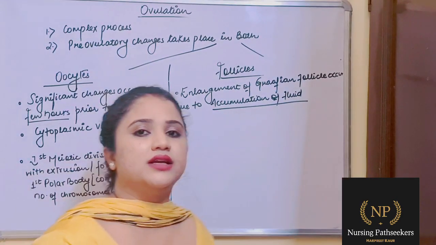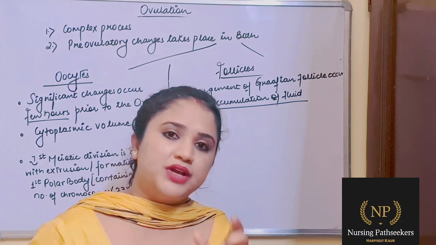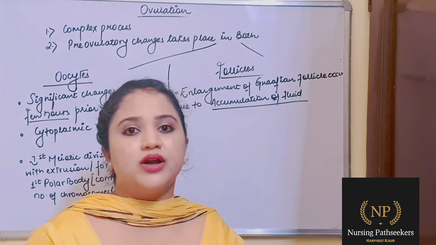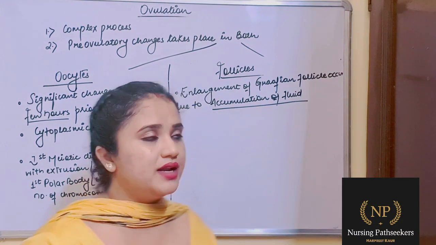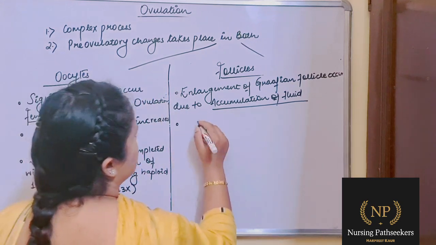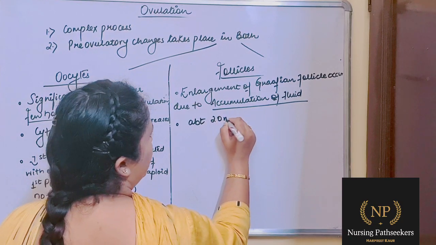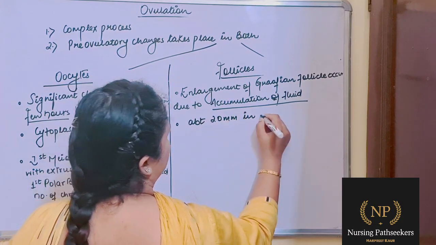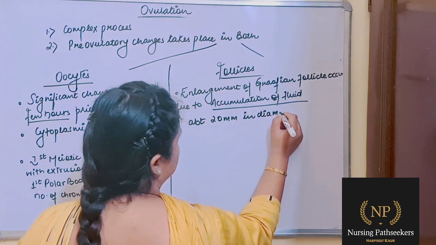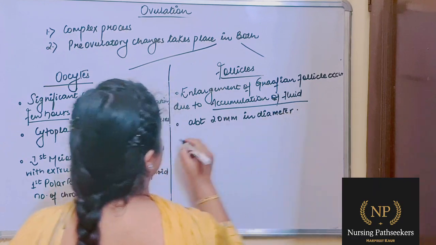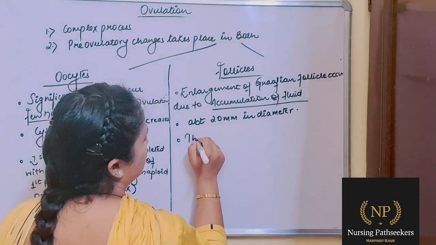Right? The Graafian follicle will increase in its size because of the accumulation or collection of the fluid inside it. Right? And what will be its size? It will be about 20 mm in diameter. Right? What will happen?